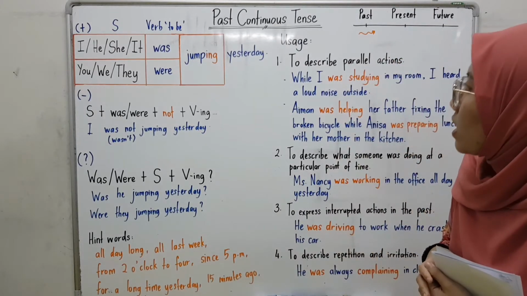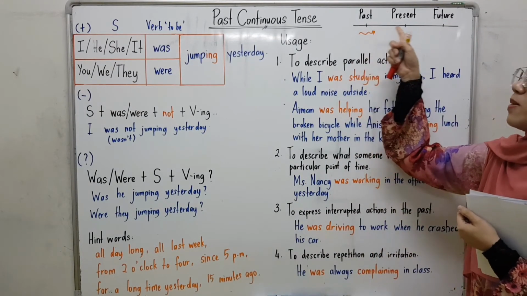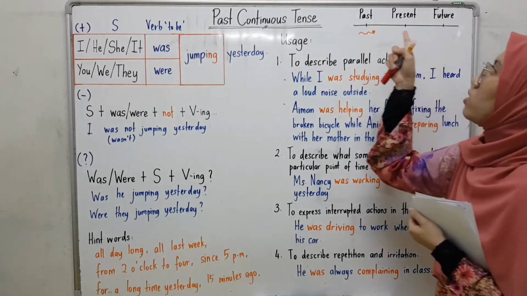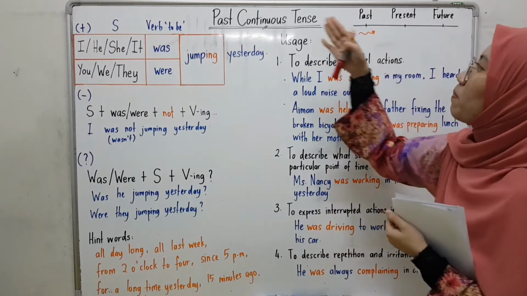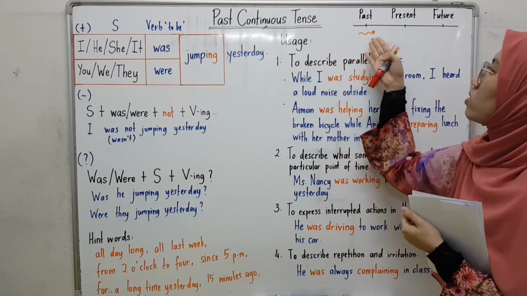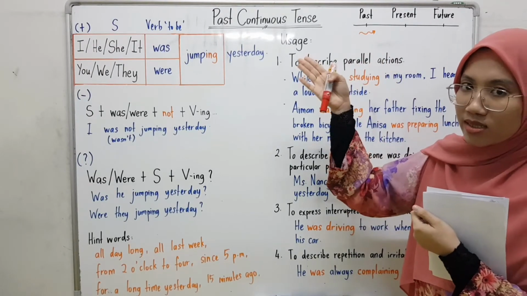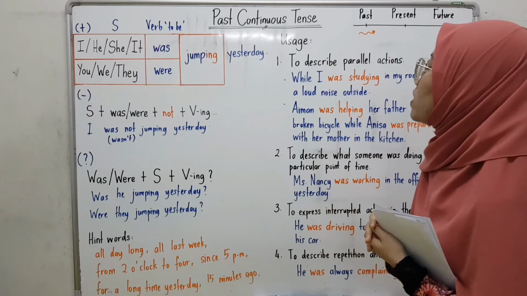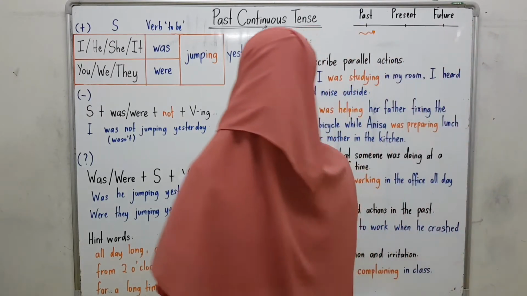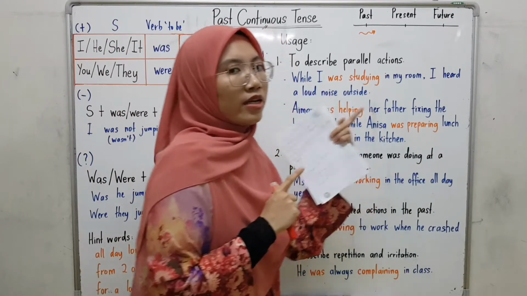Now let's see this timeline showing past, present and future. Present, here we are now. When we talk about past continuous tense, it shows that actions are in progress but in the past. There are several usages of past continuous tense. First, to describe parallel actions.